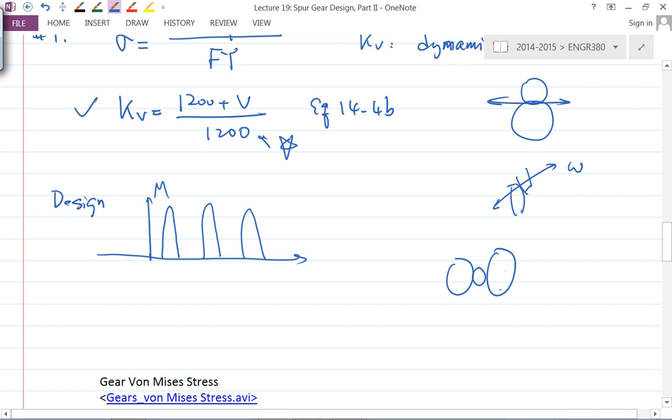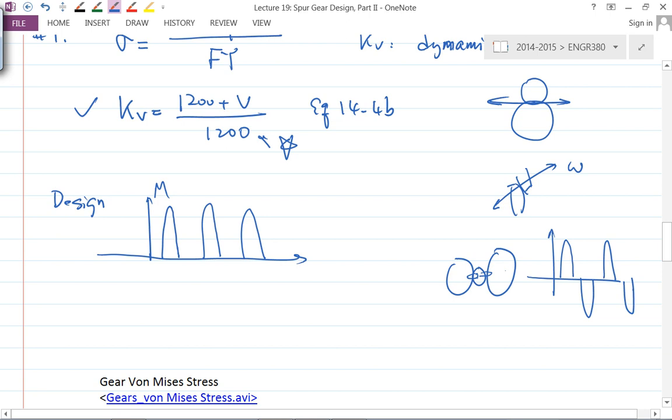So what happens to the teeth on the idler gear? If you have a tooth at this location, it feels this, and as the tooth goes over here and engages with this gear, it feels that, right? So for the idler gear, the bending moment variation is negative, positive, negative. Okay, that's the idler gear.